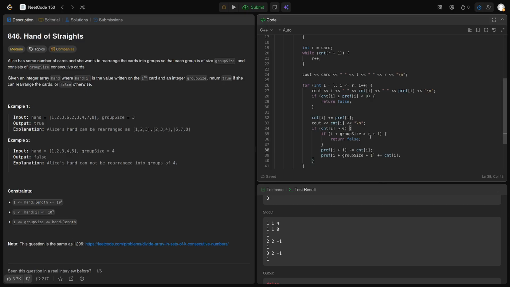Oh. That doesn't work out because I just update the window, but I somehow want to push it. Okay, so I think what's happening is that I'm not pushing the prefix for some reason.